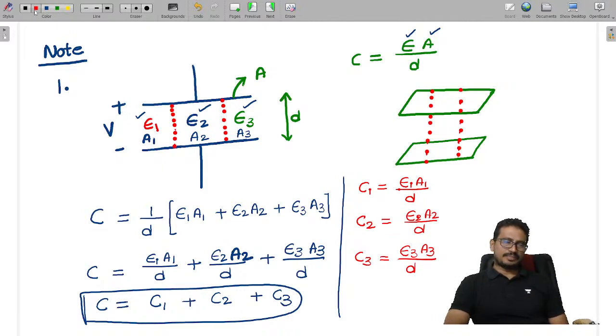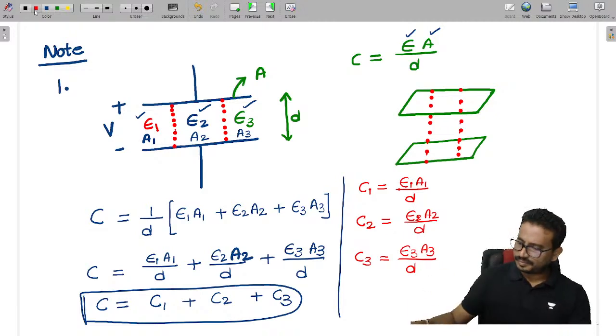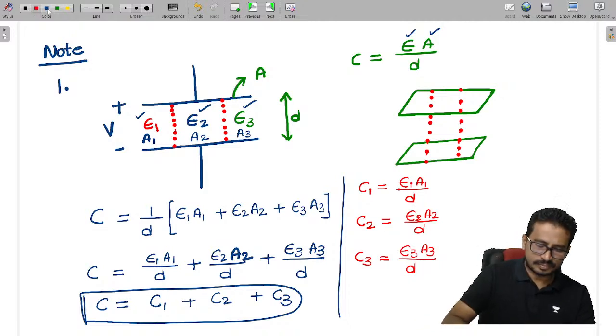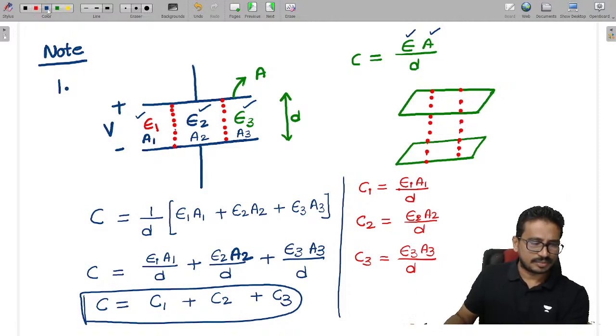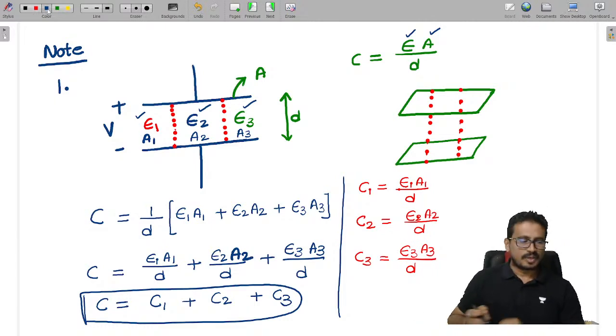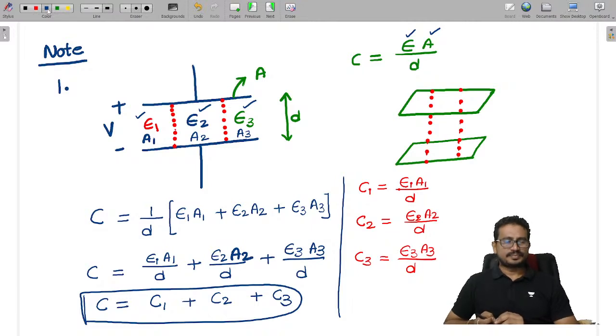Potential is the same. Whatever the flow of current, is the current different or not? The current changes. And the charge is also different.